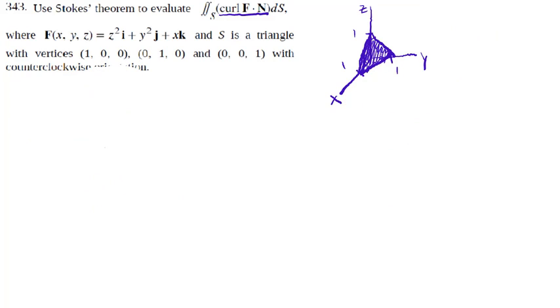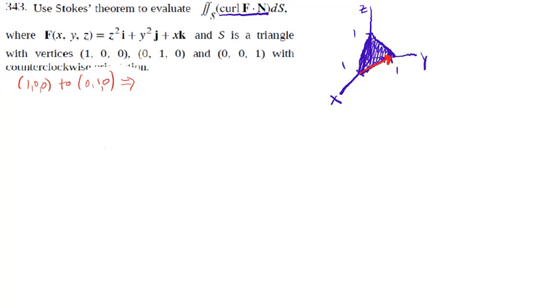Now, when they say counterclockwise orientation, we'll assume that they mean as viewed from above, so kind of like what we're looking at right now. So let's start by going from the point 1, 0, 0 to the point 0, 1, 0.